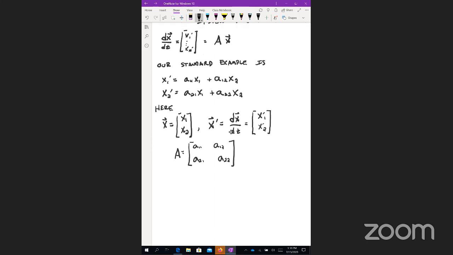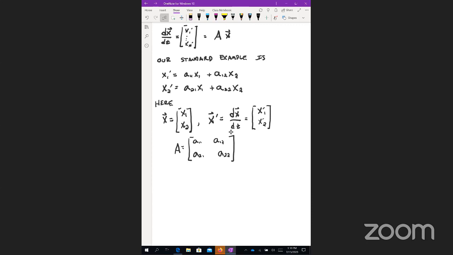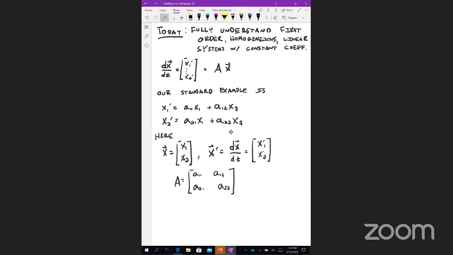So at the end of the class last time, actually, let me jump into that. The reason that we want to understand this example so well is it turns out that this example basically tells us everything that we need to know about much more general families of equations.